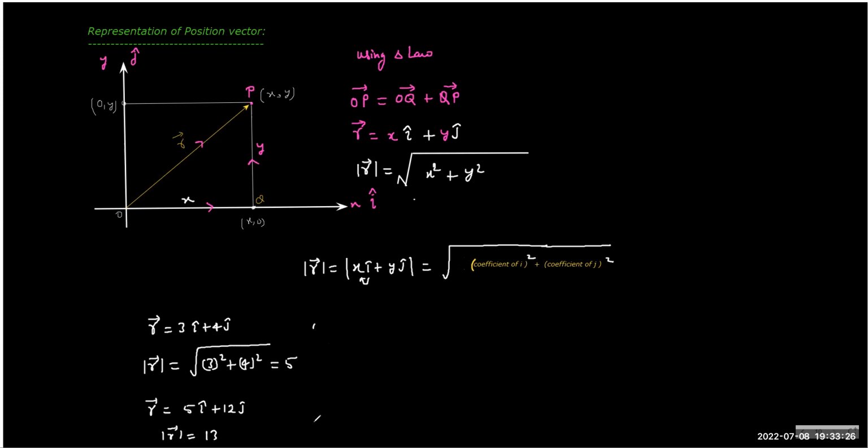So you can have some random values also. So mod of R is how much now? Under root 136. So that's very simple.